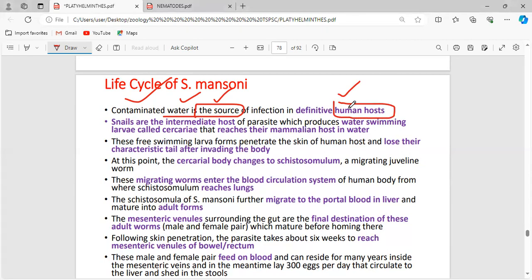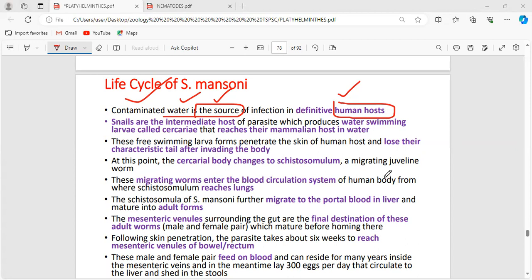What is the name of the stage which is infective in nature, which is transferred from the water body to the human host?